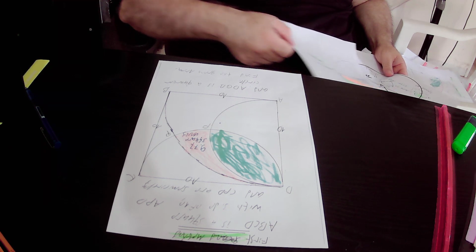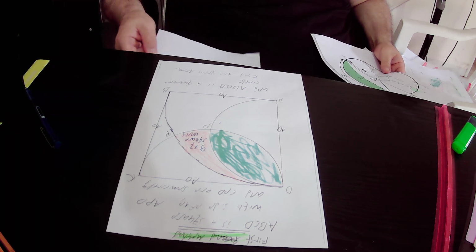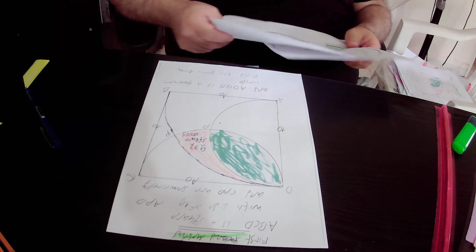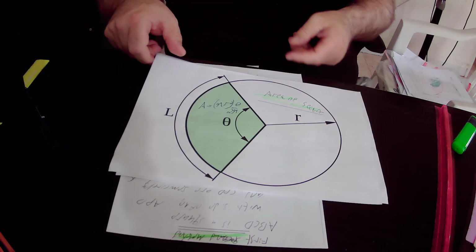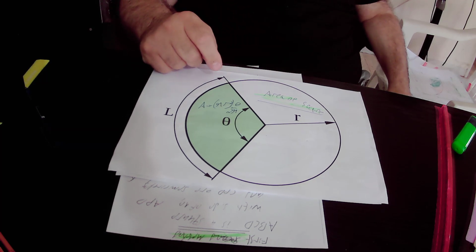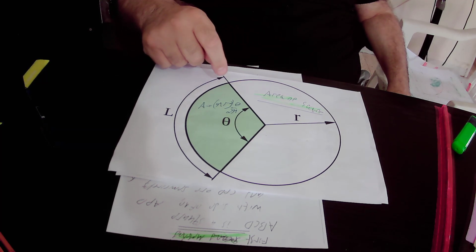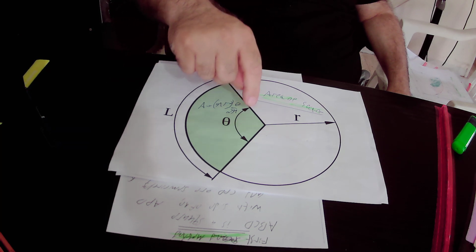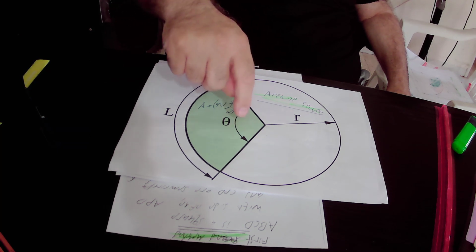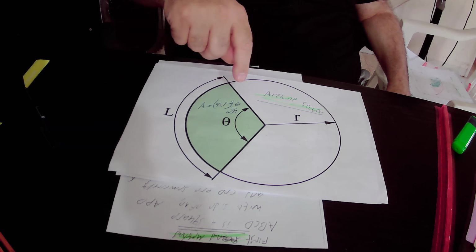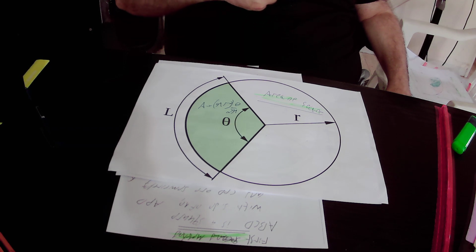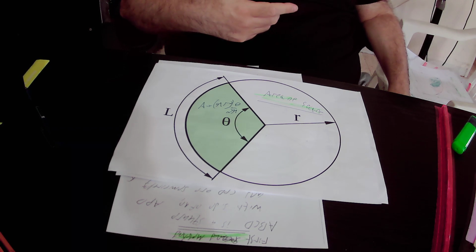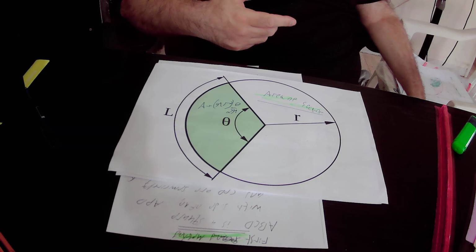Okay, but before that, I'll explain to you what is the area of a sector. The area of a sector equals the size of the angle between the legs of the sector over the angle of the whole circle itself, that is 2 pi radians, so in terms of degrees it is 360 degrees.